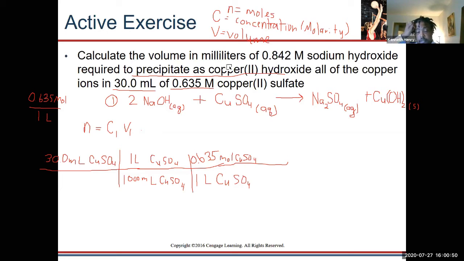The volume, in milliliters, of 0.842 molarity sodium hydroxide. So at the end of the day, I want milliliters of NaOH. Can you guys see that?